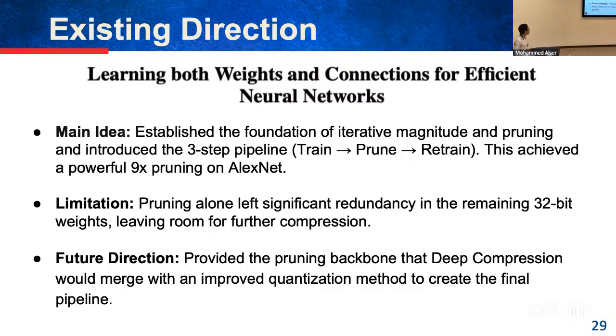The main three-step pipeline here is train, prune, and retrain. After this, they were able to achieve a 9 times pruning on the AlexNet network. But pruning alone was not sufficient. There were still remaining 32-bit weights that they needed to compress. But this did give them the idea of combining this paper with the other papers and creating the current pipeline for our deep compression model.